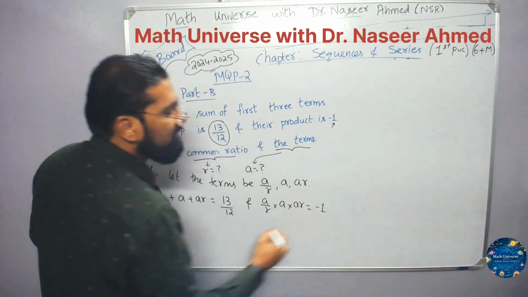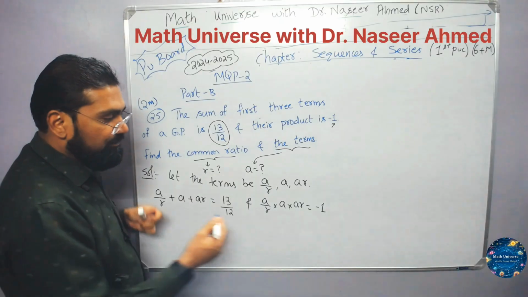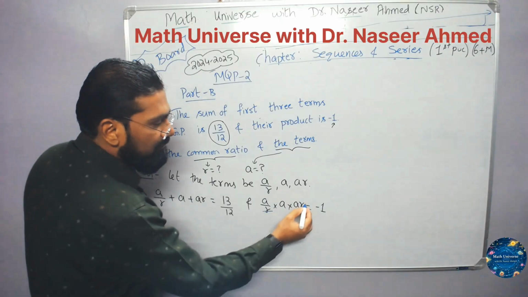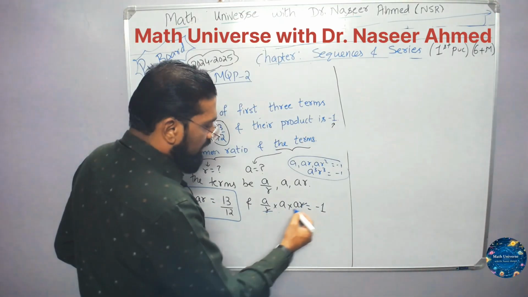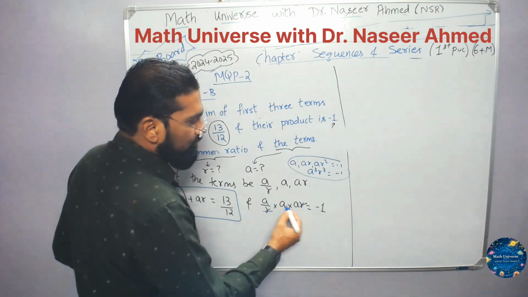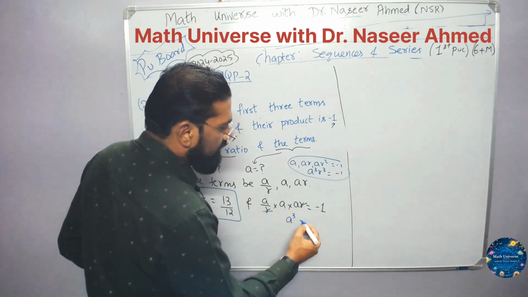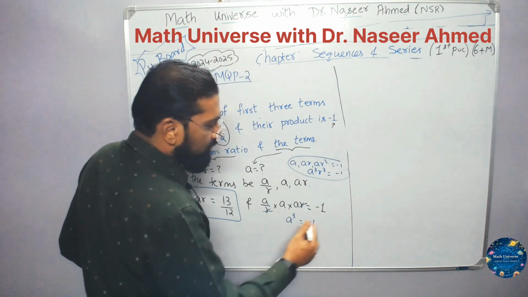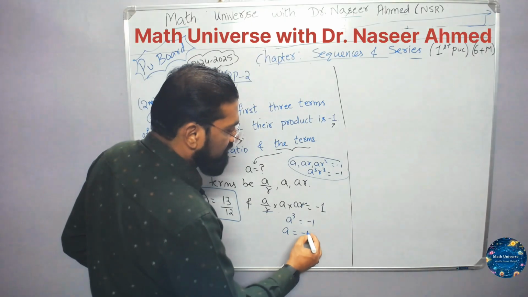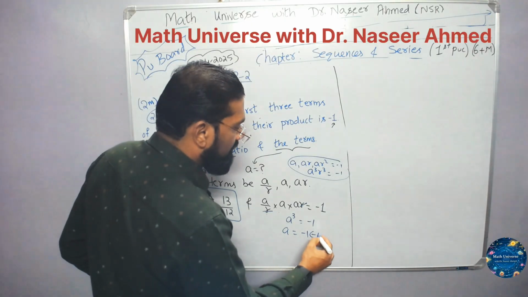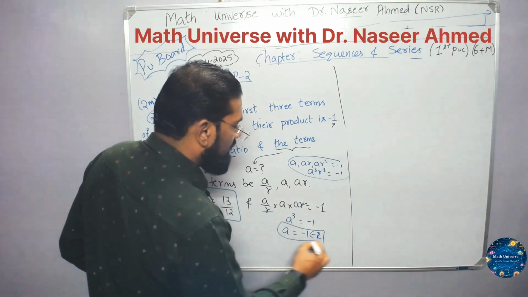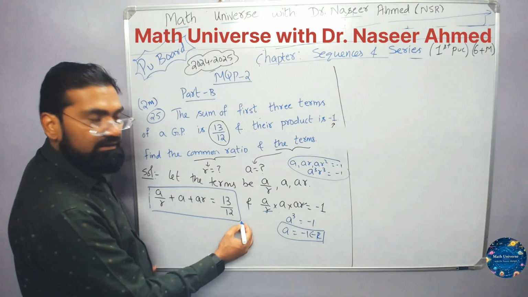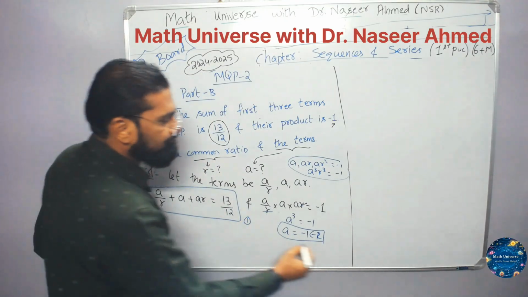Now see carefully. Since I took the product in this form, r by r will get cancelled. A into a into a will be a cube, which is equal to -1. If I take the cube root of -1, it will be -1 itself, which is a real number. Now put this value in equation number 1.